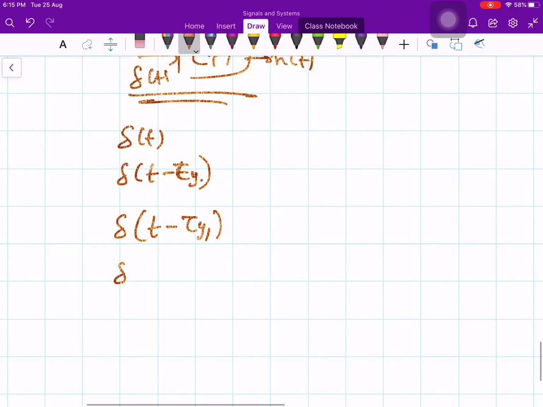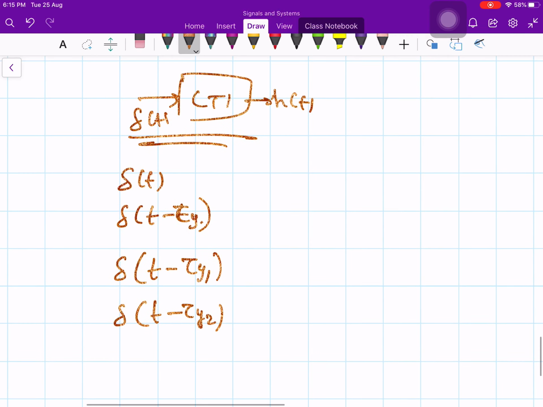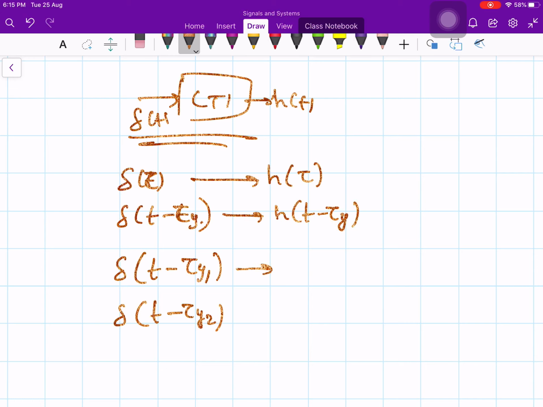There are many impulses, and this one produces h of t, this one produces h of t minus tau y, this gives rise to h of t minus tau y1, and this one is h of t minus tau y2. Like that, there are many responses for each shifted version of the impulse response.